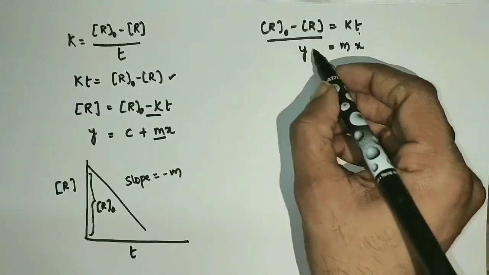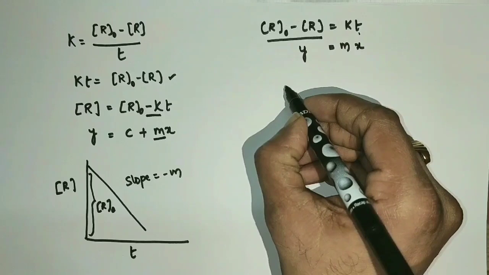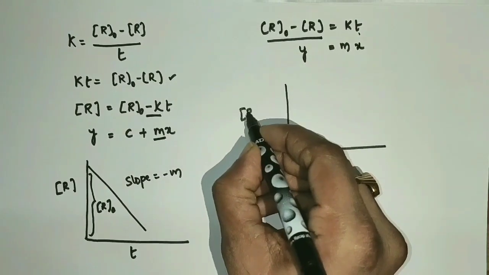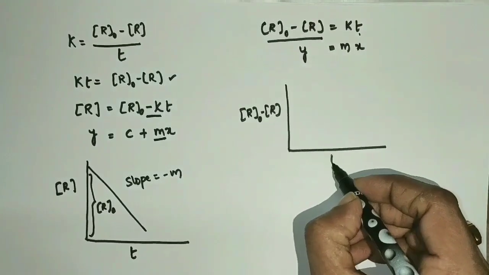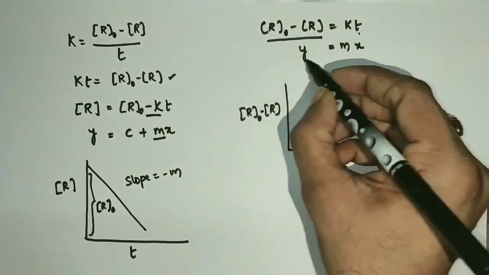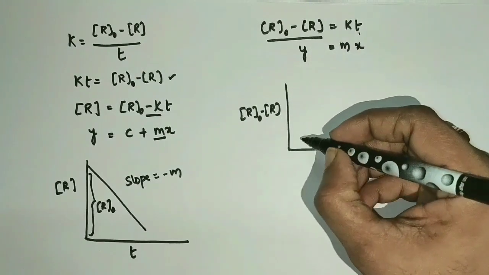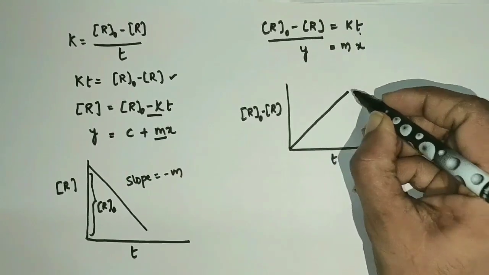So if this part R naught minus R is taken as y variable in a graph, and t time as x variable, as it is in the form of y equal to mx, which is a straight line passing through origin, you will get a graph like this with slope k.